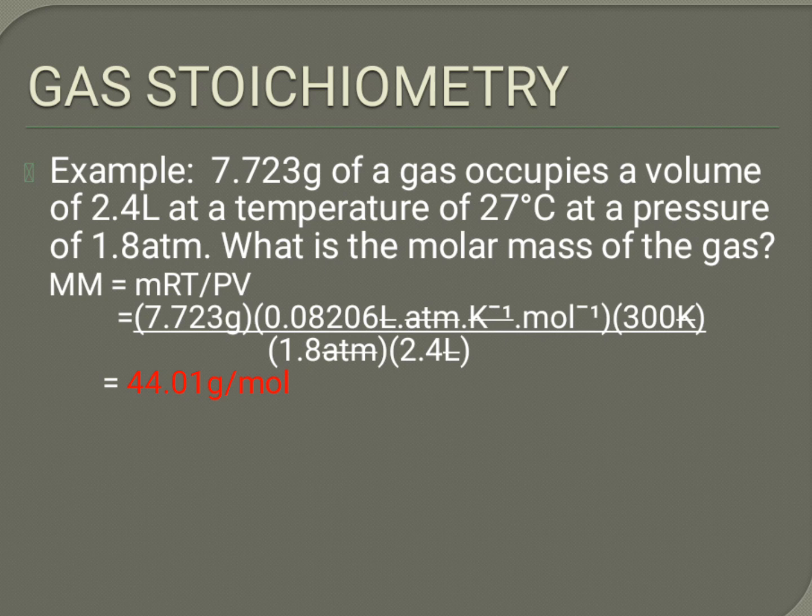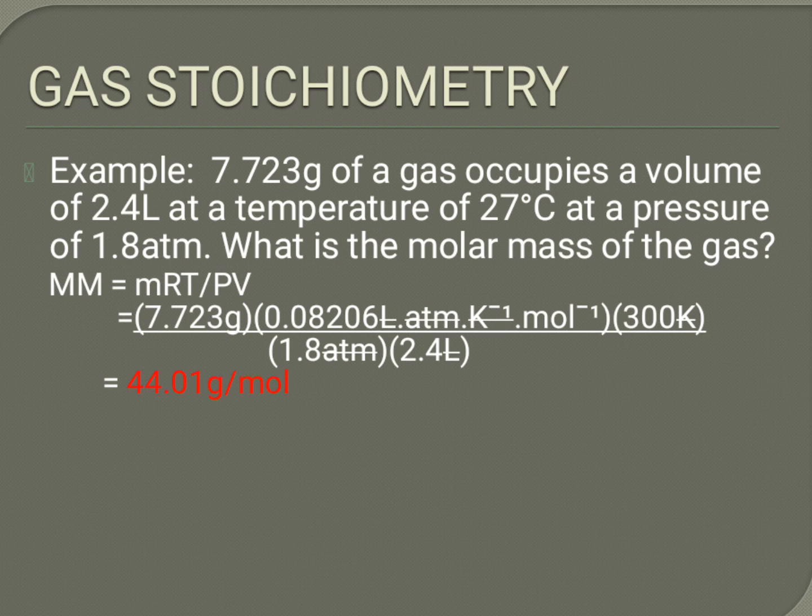So 27 plus 273 is 300 Kelvin, and then we're going to divide it by the pressure, which is 1.8 atm, multiplied by the volume, which is 2.4 liters. So notice that the unit liters cancels, the unit atm cancels, and also the Kelvin unit cancels, leaving behind grams per mole, which is the unit for molar mass.